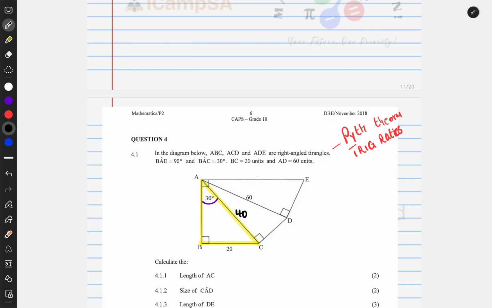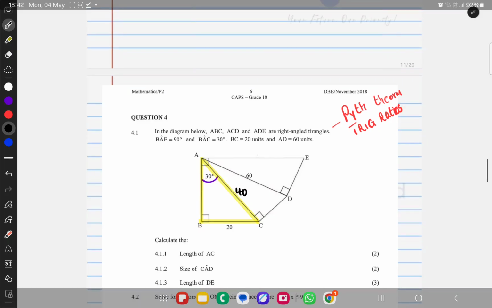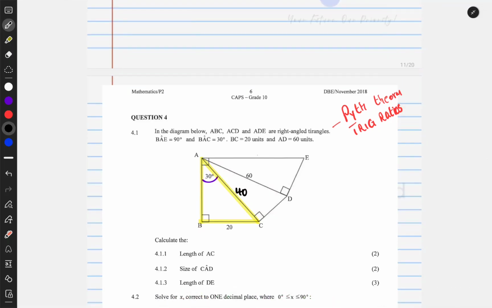And now let's look at triangle ACD. Once we know that AC is equal to 40 units, we can calculate CD by using the Pythagoras theorem. But at this point, we are not asked to calculate the side CD. Instead, we are asked to calculate the angle CAD, this angle here.